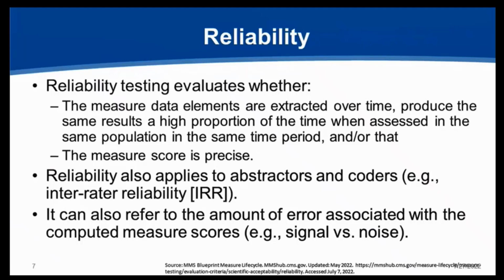Another application of reliability would be for inter-rater reliability, which tests the consistency between raters like abstractors and coders. So reliability also refers to error that is associated with a measure, as for example, signal versus noise, or the measure error divided by the total error of a measure.